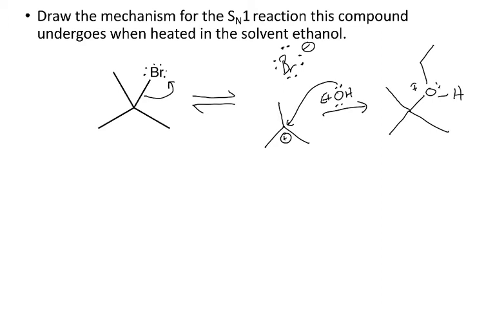And of course, whenever we have a neutral solvent that's acting like the nucleophile, we're going to end up with a positively charged ion, and that positive charge is going to be on this oxygen atom because it has 3 bonds and one lone pair. And so we have the loss of the leaving group, and then we have the nucleophilic attack. And so those are the main steps in the SN1 mechanism.